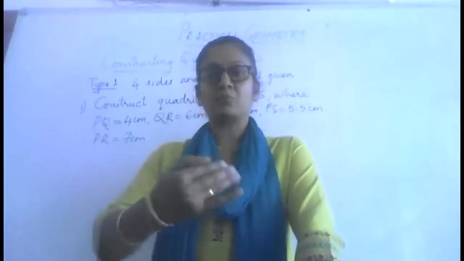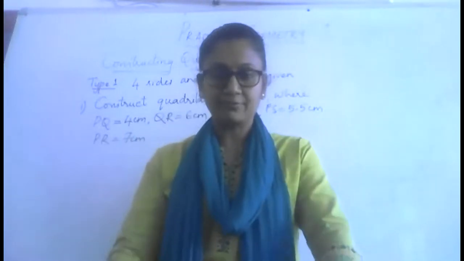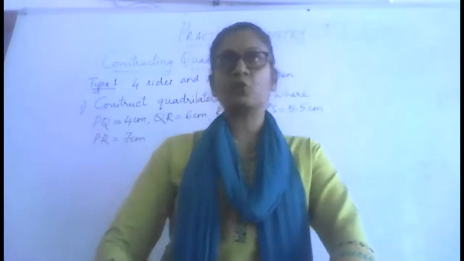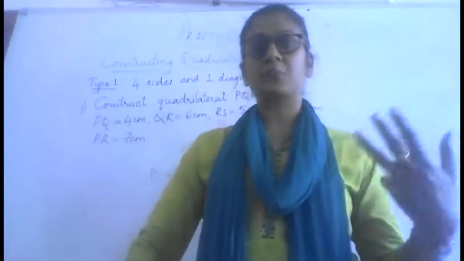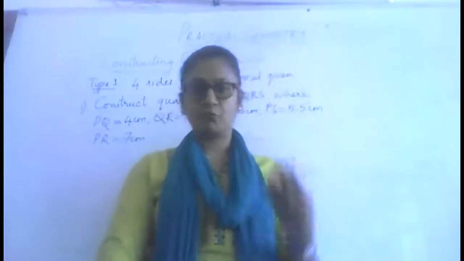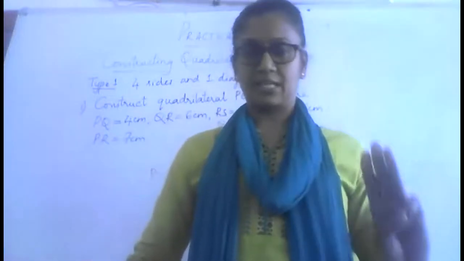Now, when we are moving to the quadrilaterals, how many sides does a quadrilateral have? 4. Yeah, it has got 4 sides. Unlike a triangle, which is a polygon with 3 sides, a quadrilateral is a polygon with 4 sides. So for a triangle, you require 3 measurements to construct it.